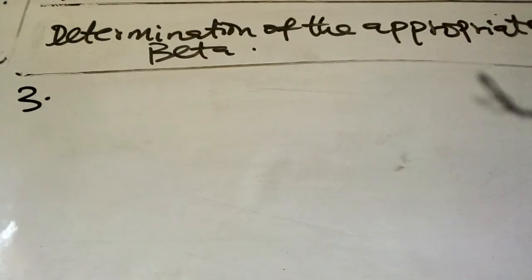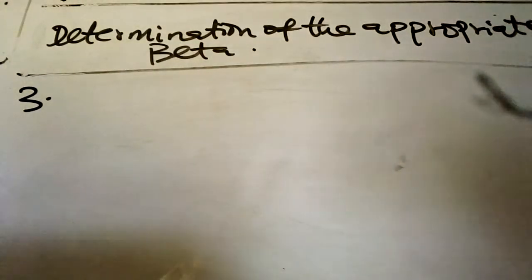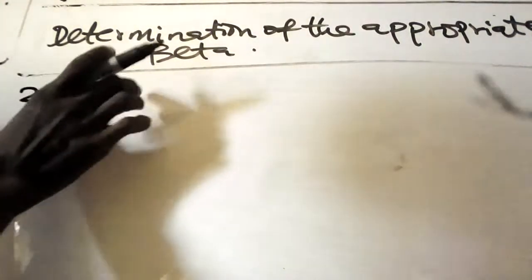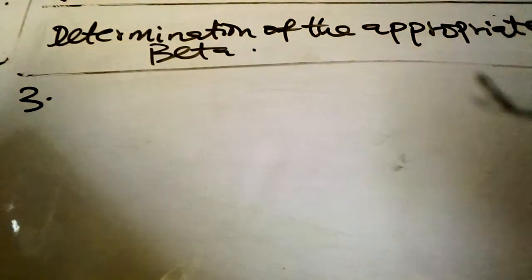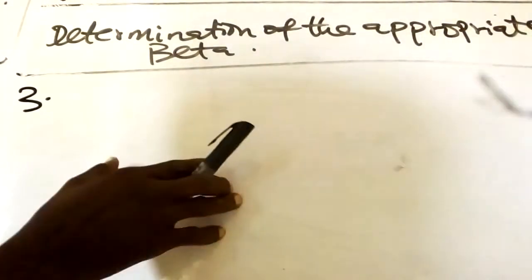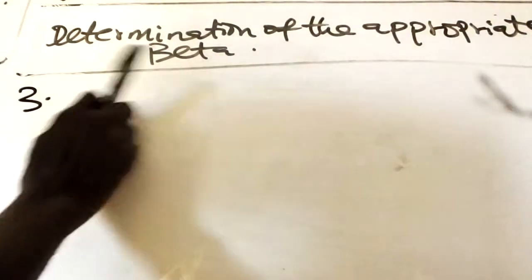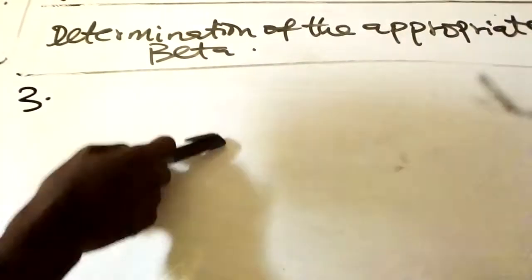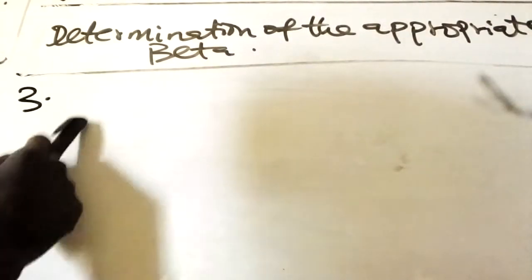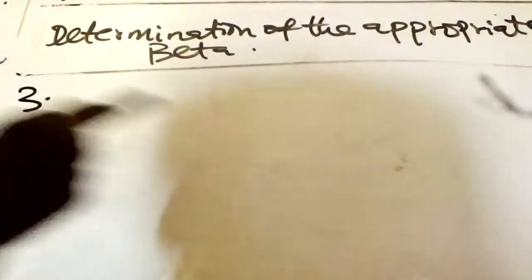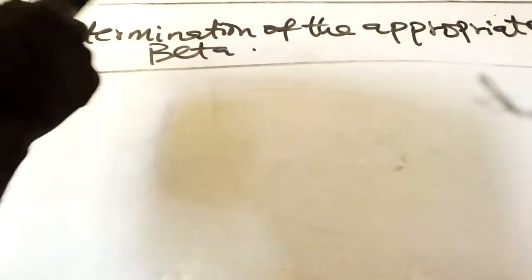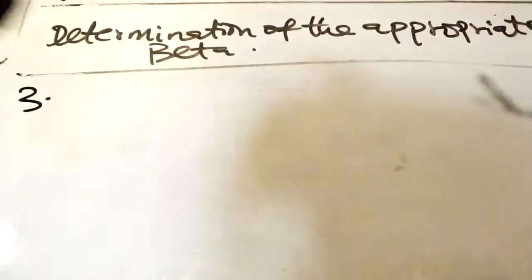Where you now have more than one proxy company, that is, you have more than one company in the business area of the project, you will need to obtain the asset beta of the individual proxy company. Then after obtaining that, you calculate the simple average asset beta of all the proxy companies.